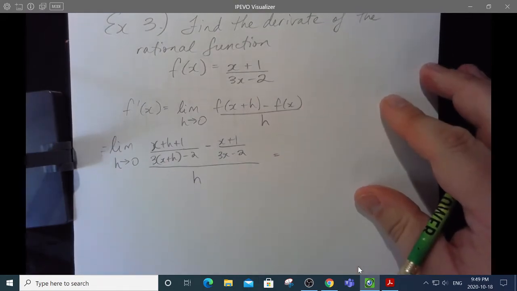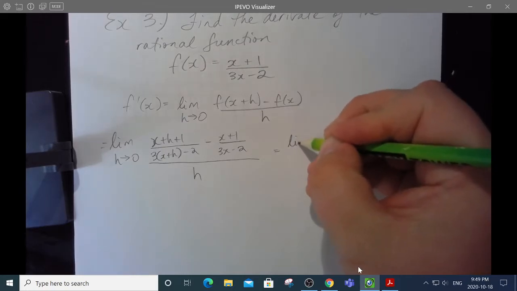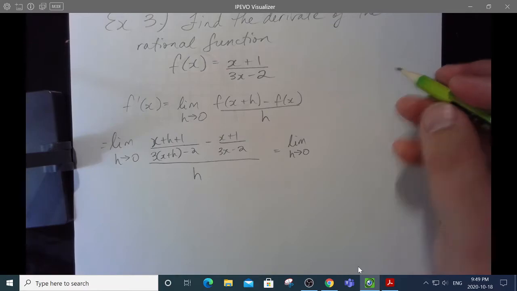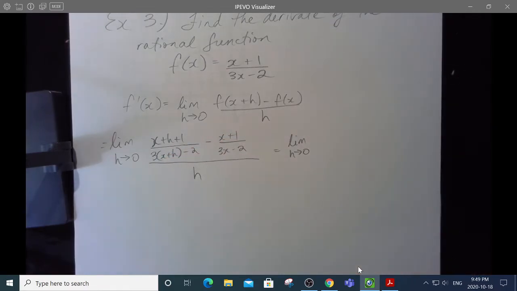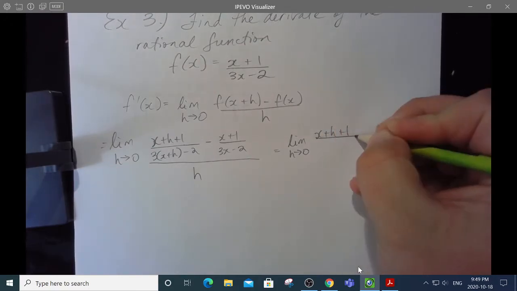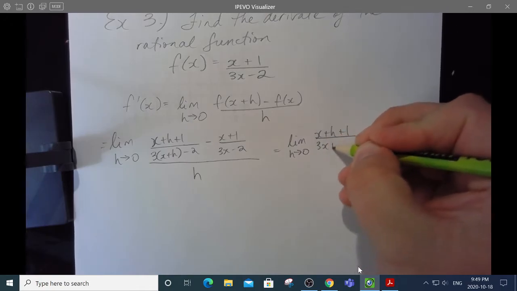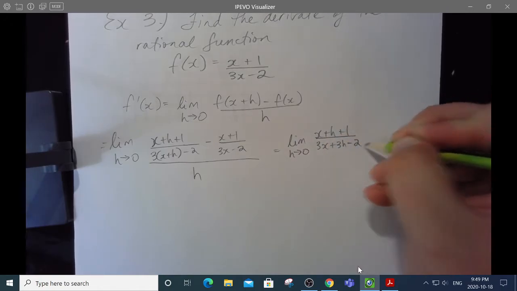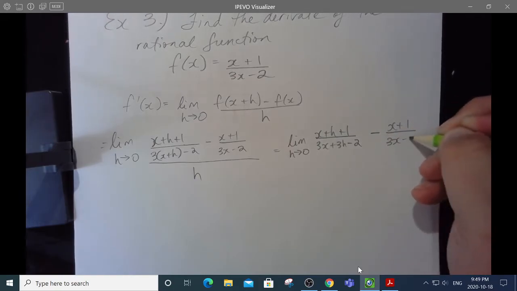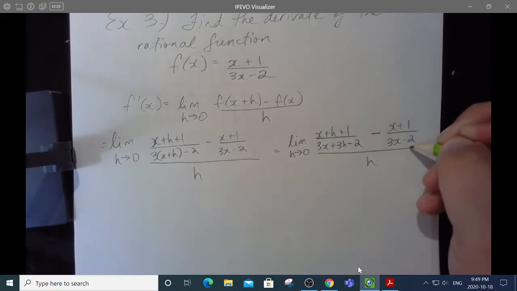I'm going to have to write this one kind of smaller because this one's going to take more room. So that's equal to the limit as h approaches 0 of. I'm going to just simplify that denominator a little bit: x plus h plus 1 all over 3x plus 3h minus 2, minus x plus 1 over 3x minus 2, all over h.